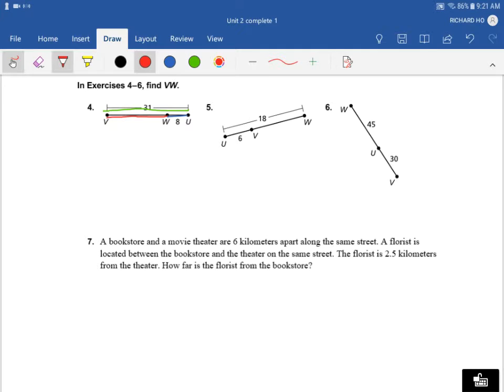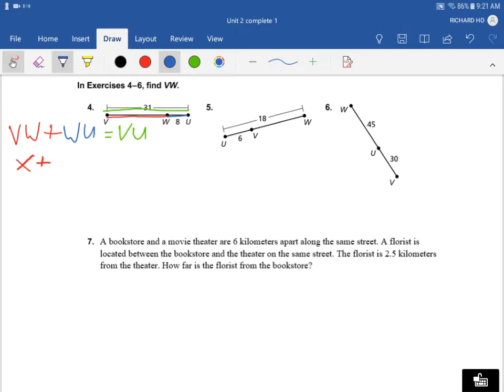So the formula, the red one is VW, the blue one is WU, and then the green one is VU. Okay, so we don't have a length for the red one, so that's what we're trying to find. How long is the blue one here?